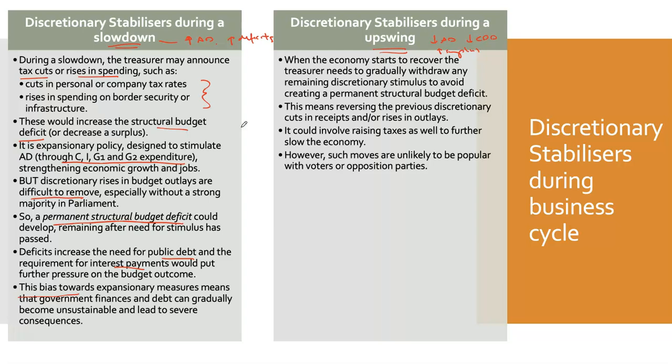This might mean reversing the cuts in receipts, so raising tax rates, or reducing spending. Now, this can be quite unpopular, but a responsible government would likely be doing this, making sure that they are stabilizing the business cycle and in an upswing, taking advantage of this and banking some surpluses.